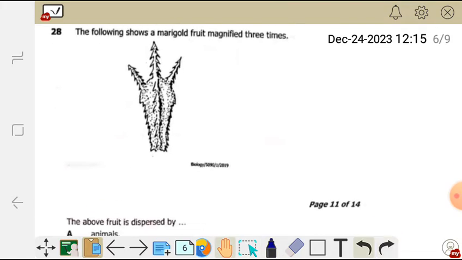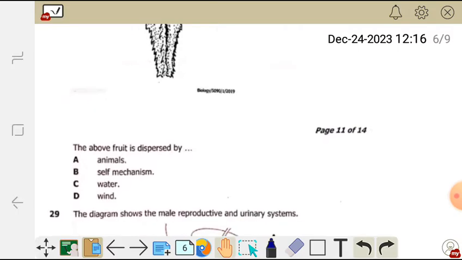Question 28. The following shows a marigold fruit magnified 3 times. So this is a fruit which has been shown there. The above fruit is dispersed by A, animals, B, self mechanism, C, water, D, wind.